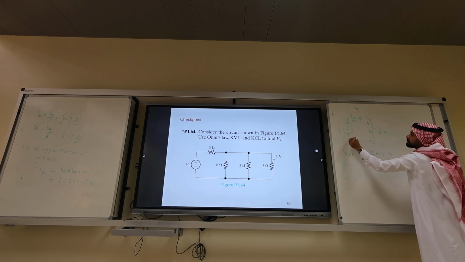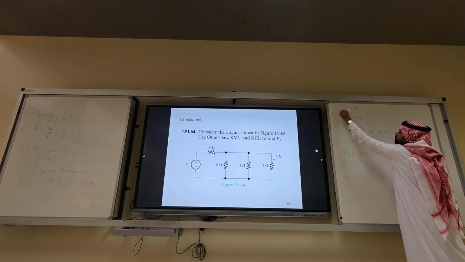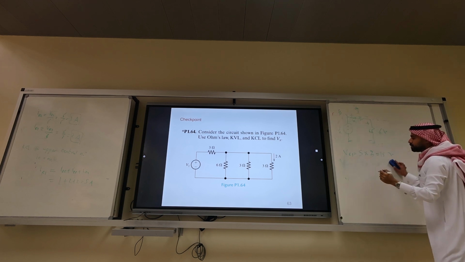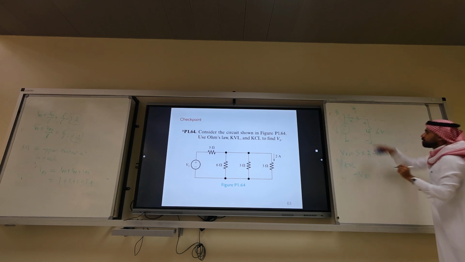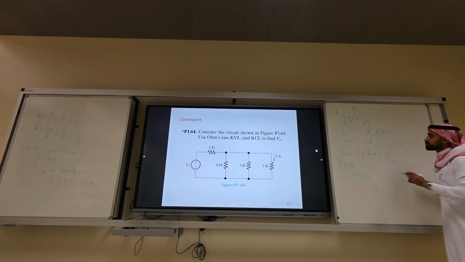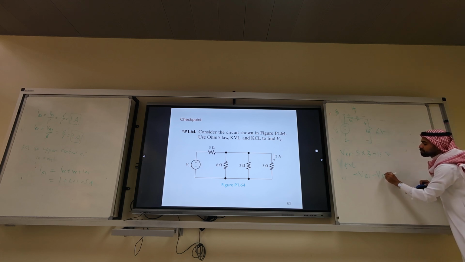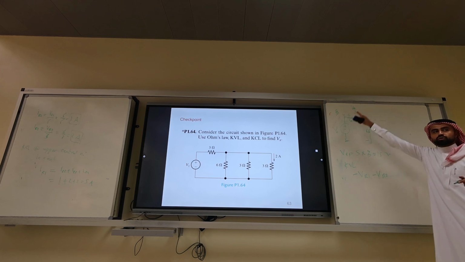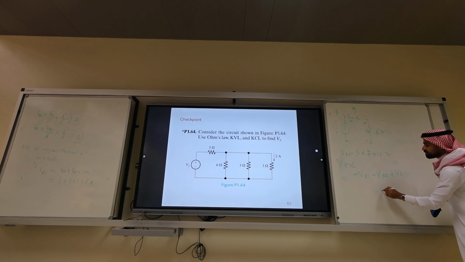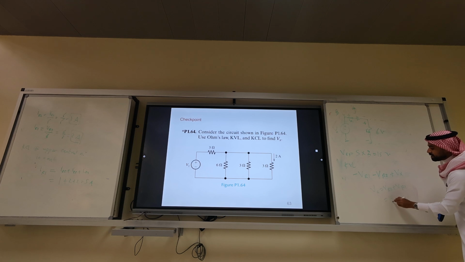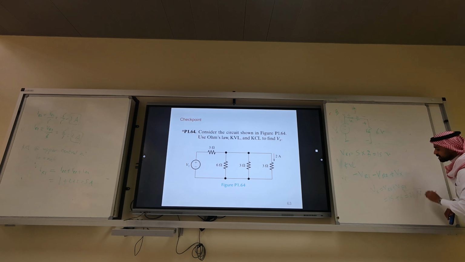So do a KVL here. Voltage rise or voltage drop? Drop. Minus VR1. Voltage rise or voltage drop? Drop. Minus VR2. So what is Vx? Vx equals VR2 plus VR1, which is 15 plus 6, 21 volts. If you check the solution manual, you will find this answer.